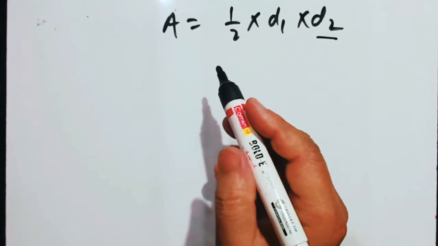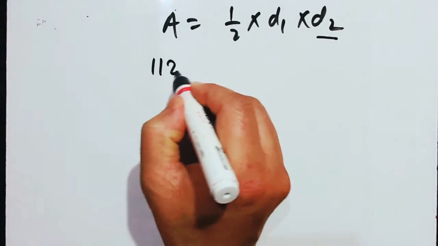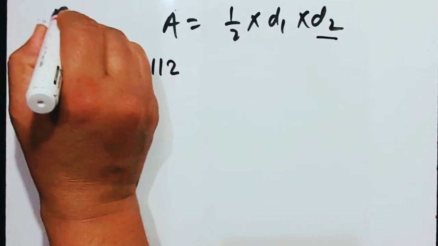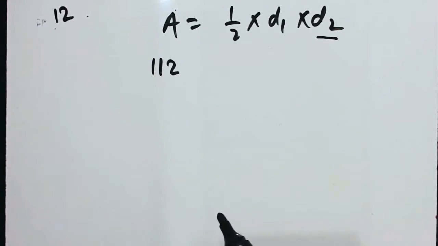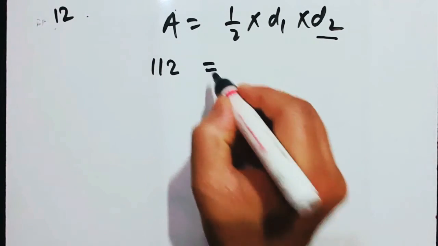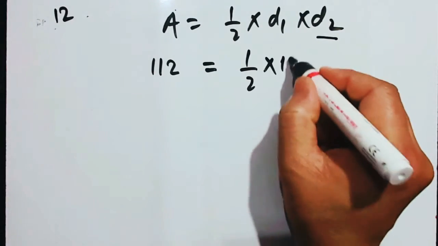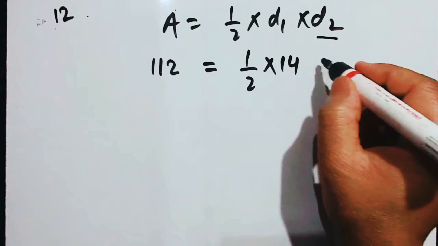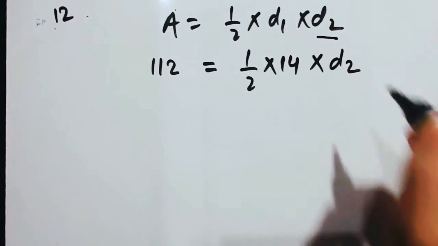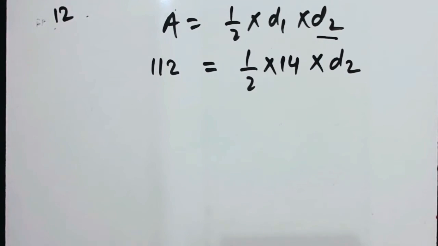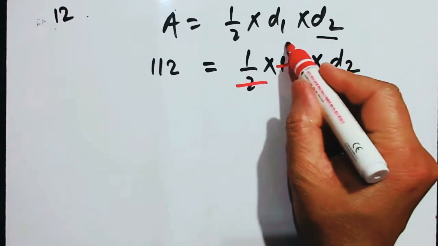So number 12: the area of a rhombus is 112 centimeter square and one of the diagonals is 14 centimeter. Find the other diagonal. Means I do not know the value of this particular diagonal d2. So let's see. You can cancel it over here, 2 7 times.